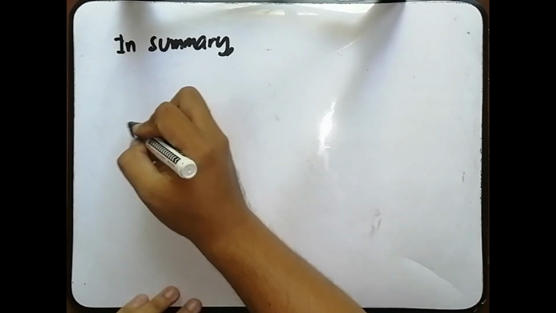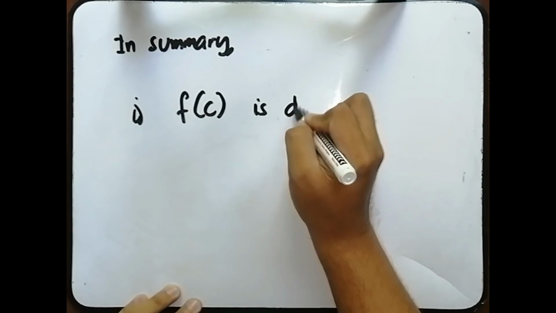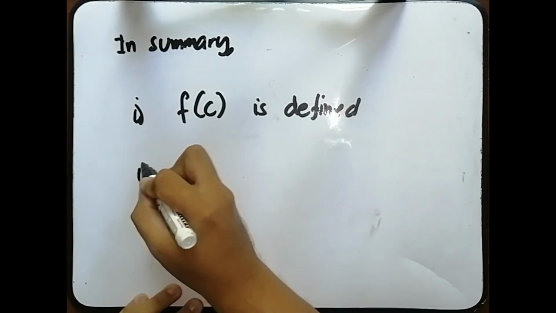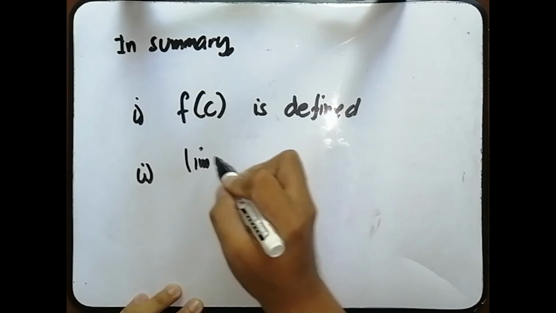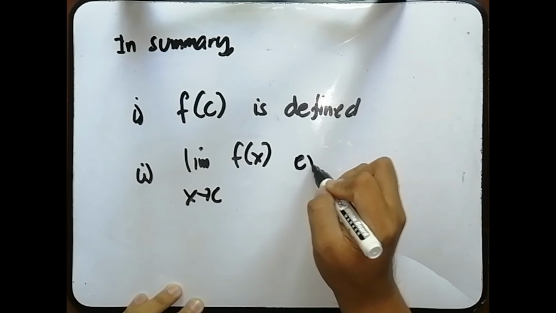So in summary, para i-check natin kung continuous ba yung isang function at a number, meron tayong tatlong criterion. First, dapat f of c natin defined dapat siya, or meron tayong number na makukuha. Second, yung limit ng f of x as x approaches c exists.